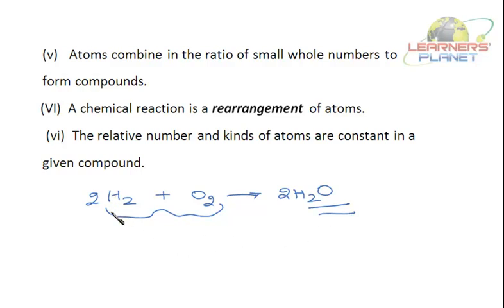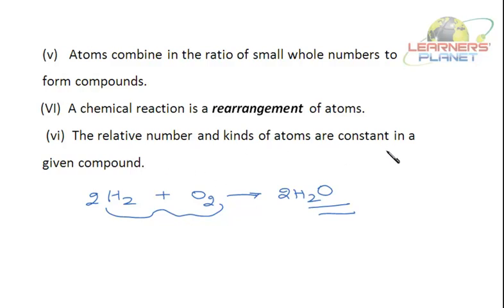That too, the atoms of hydrogen are combining in a fixed ratio by mass with the atoms of oxygen and forming a water molecule. Right? So a chemical reaction is a rearrangement of atoms, and these atoms combine in small whole numbers to form compounds.